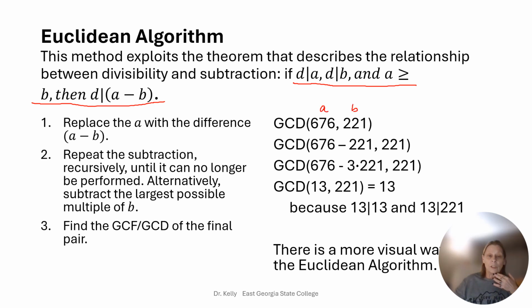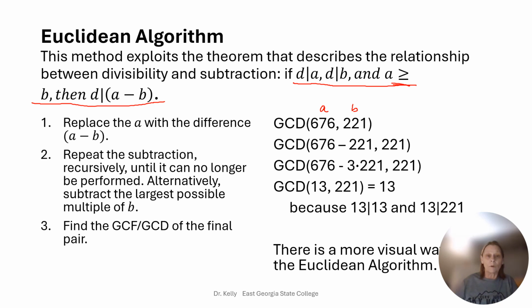I have the GCD of A comma B. We've got it in the order so that A is larger than B, which is what it requires. We could change this order because that doesn't really matter. We're just looking at these common things between these two numbers. So if it's given to you and not in the correct order, that would be your first step. And then it says to replace the A with the difference A minus B.